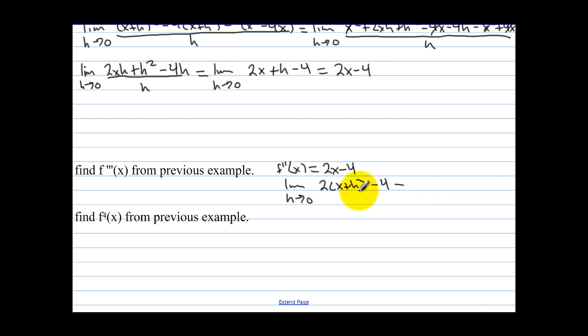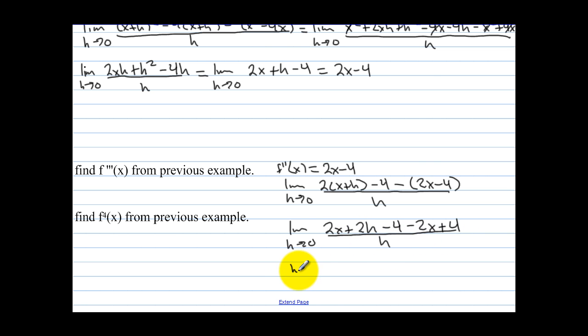There's f of x plus h minus f of x, which is 2x minus 4, and that's all over h. So we have the limit as h approaches 0 of 2x plus 2h minus 4 minus 2x, actually not minus 4, but plus 4. And that's all over h.